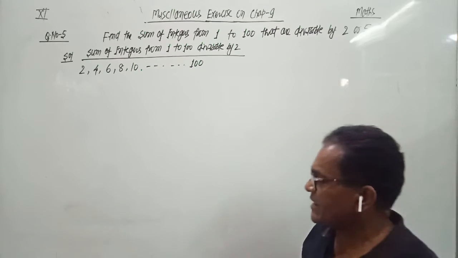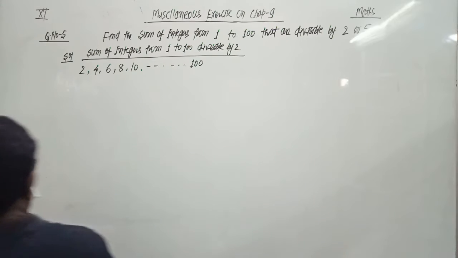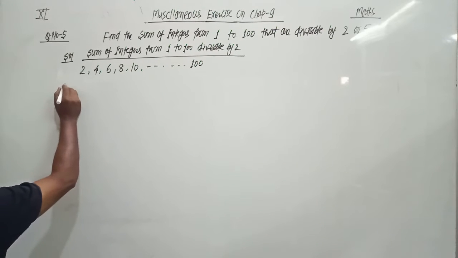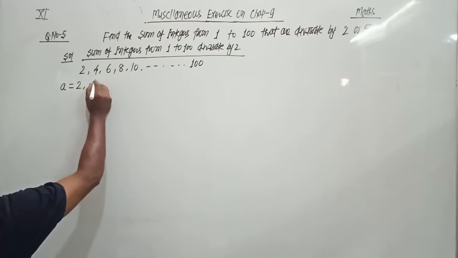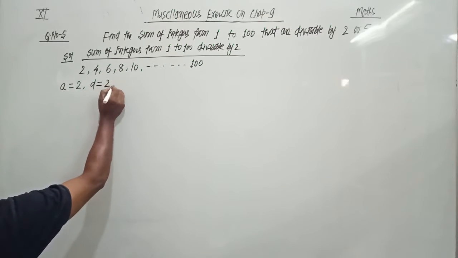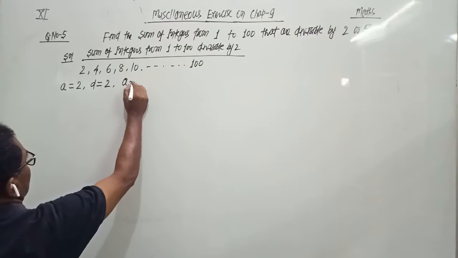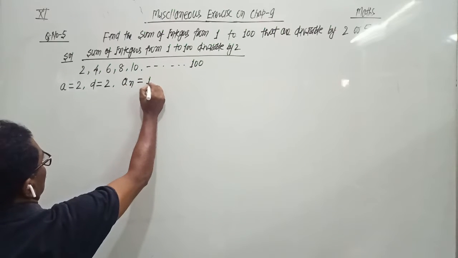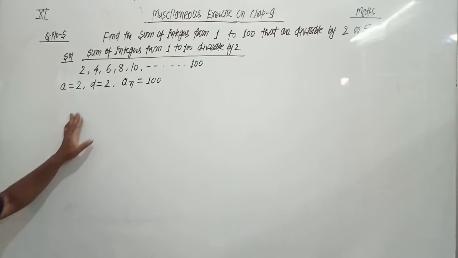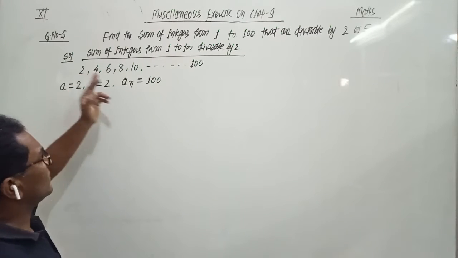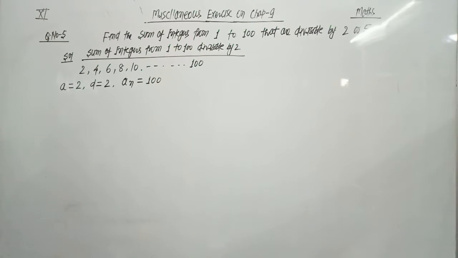So the first term a equals 2, the common difference d is also 2, and the last term an equals 100. We calculate the total number of terms from 1 to 100 that are divisible by 2.